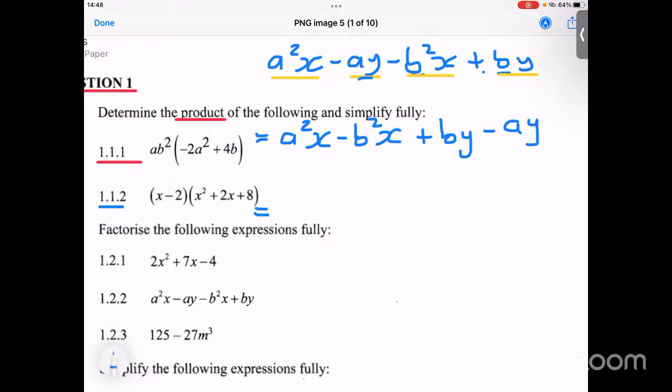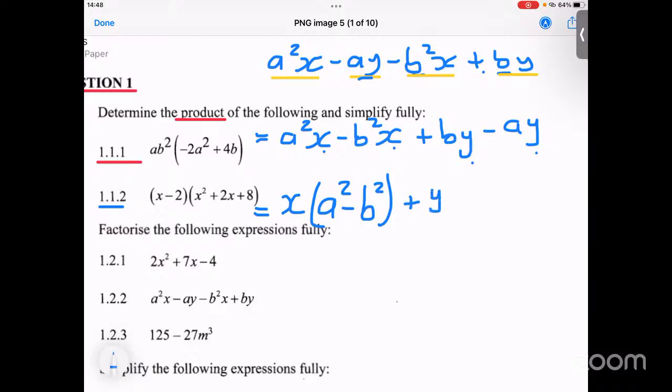Okay, and then from there, what else can we do? Can we not take out the x there as a common factor? That means we will have x. What remains in there is a squared minus b squared. And then on the other side, it looks like it is the y that can be taken out.